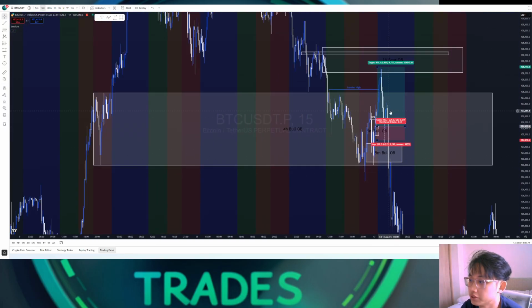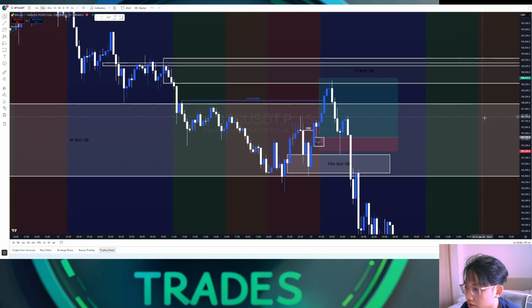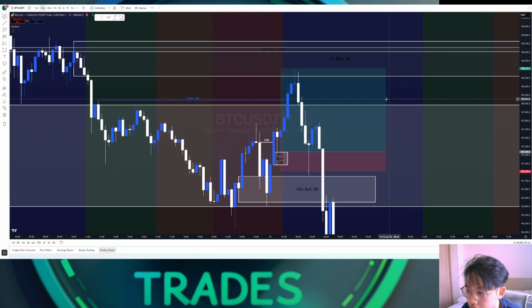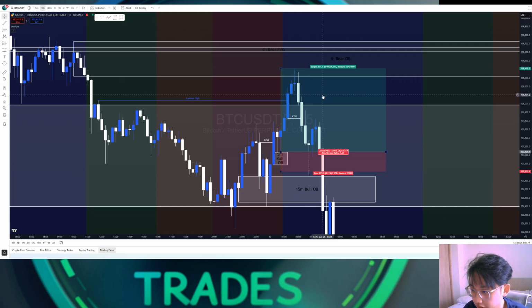So going to the 15 minutes, can we identify anything? You see after this candle formed, you enter because there's a CISD here. But as always, we expect a retest to the extreme order block.